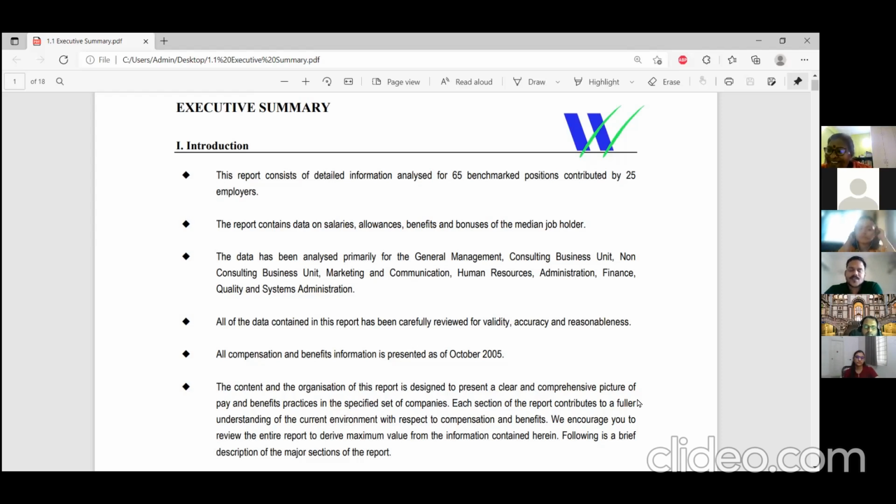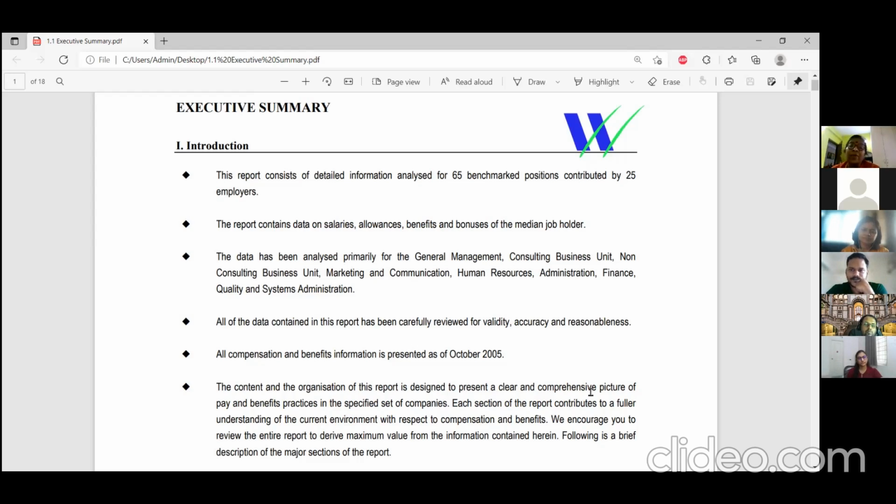There will be positions very unique to your own organization, which are not comparable. It is 5%, 10% of jobs. What will you do? You will calculate the point values and then use the slope value and intercept value to get what you need to pay.